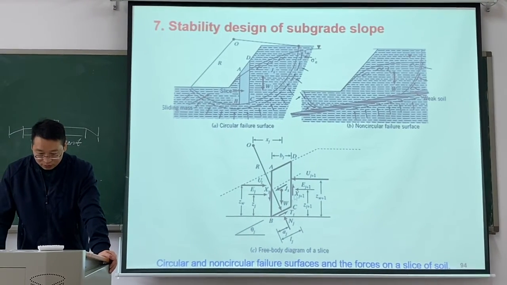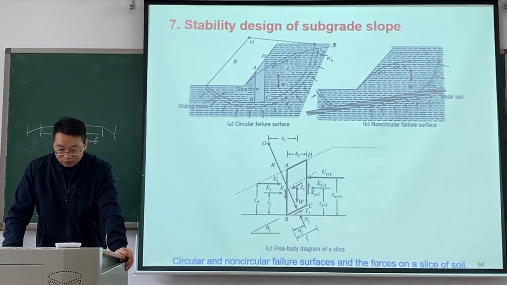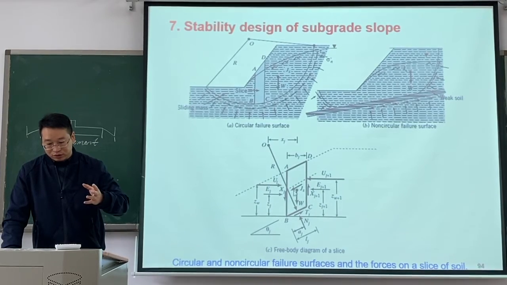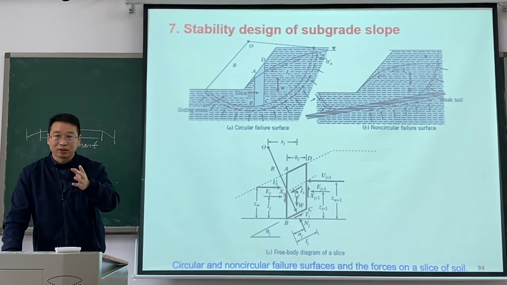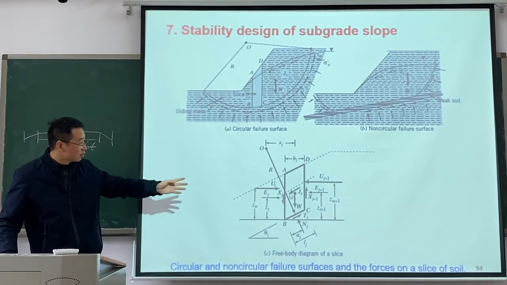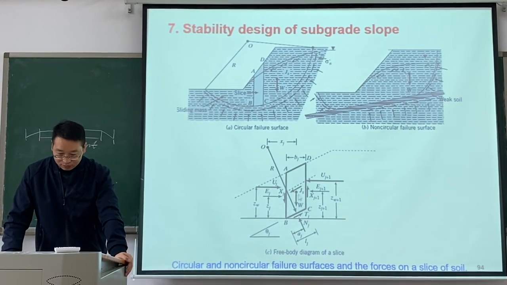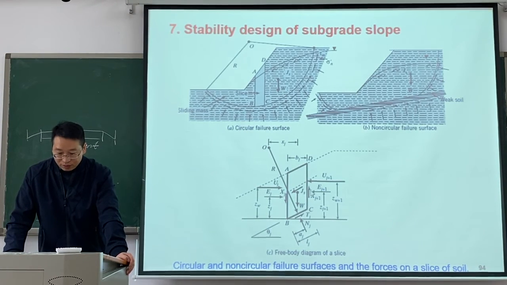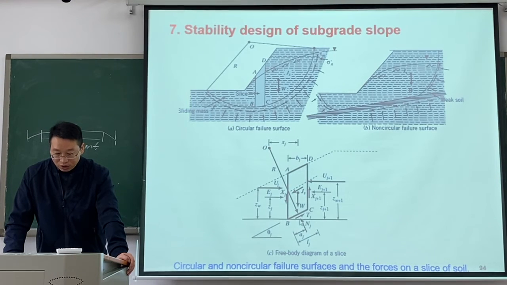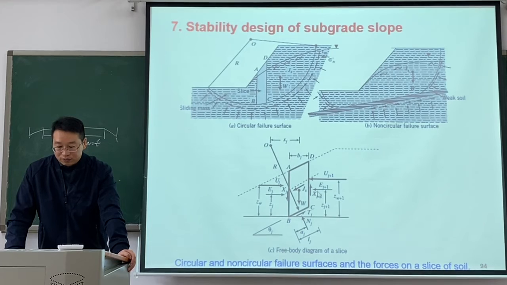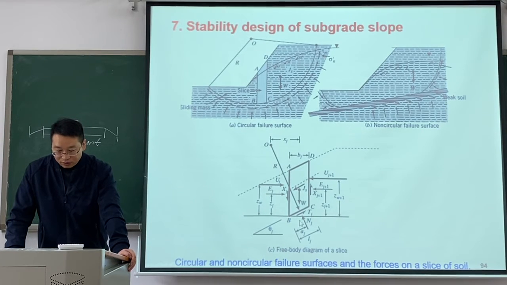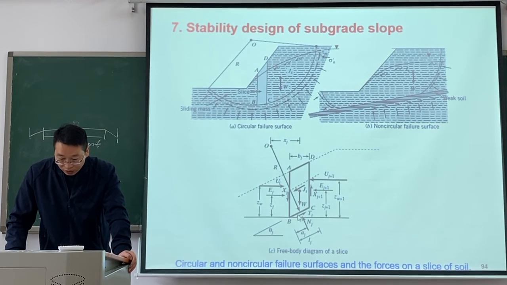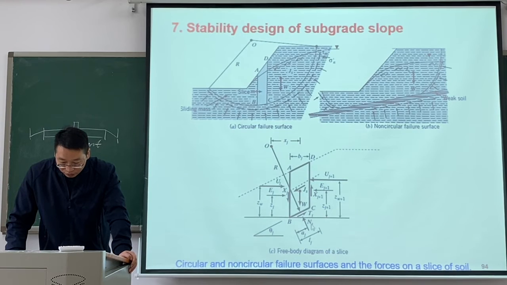When we divide it into some slices, there are different forces on one slice, just like this. There are so many forces. On each side, we have three forces. For the bottom of the slip plane, we can have Tj and Nj.